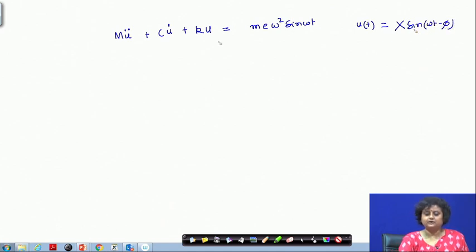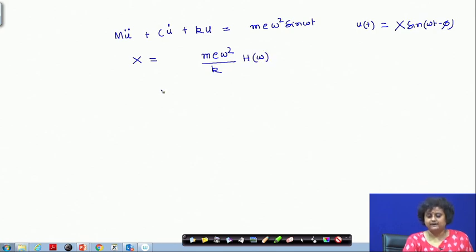We substitute that into this equation and solve for X. If we solve for X, we will see that X comes out as m e omega square by k into H(omega), where H(omega) is the magnification factor.